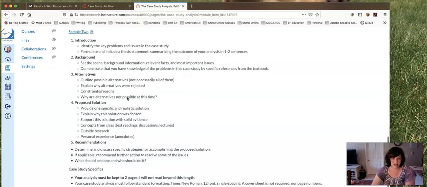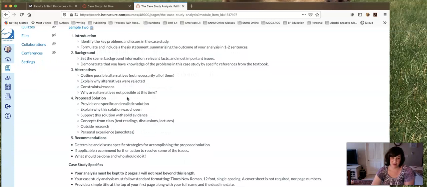In the next section, you will have your proposed solution. In your proposed solution, you can provide one specific and realistic solution to the situation, explain why you've chosen this solution, support it with solid evidence, and then incorporate concepts from the text readings, discussions, lectures, etc. Here is where you would find at least one outside source to support this proposed solution.